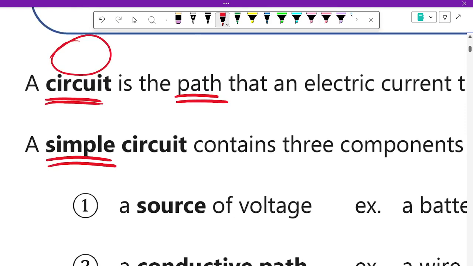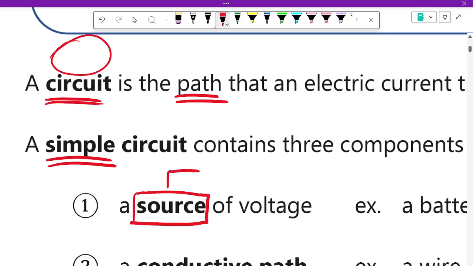A simple circuit has three things. It has what we call a source, and a source is what gives the energy to the electrons.